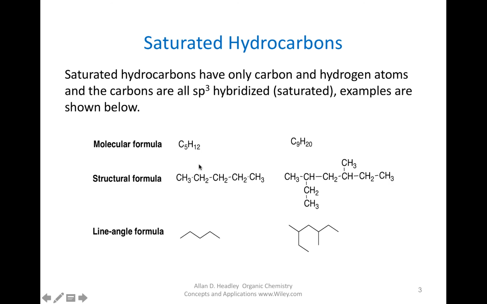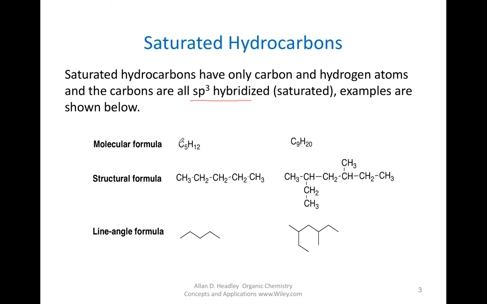Before we do that, however, let us look at saturated hydrocarbons. In other words, hydrocarbons that contain only sp3 hybridized orbitals. So they're saturated. In other words, they have no functional groups. They're just saturated hydrocarbons.